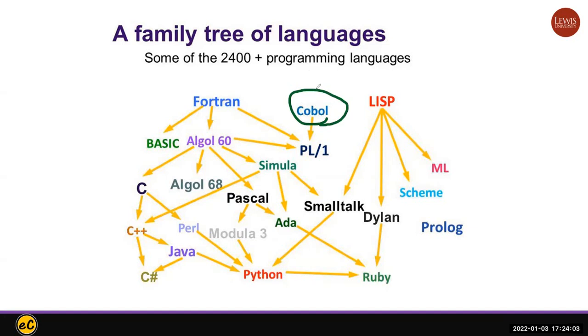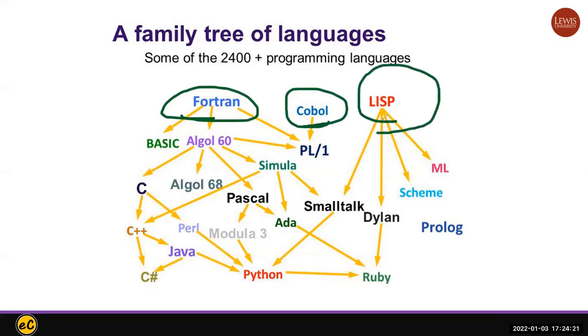That is used for business. And we also have the old AI language called Lisp. So from day one, programming languages have been used in the scientific domain, in the business domain, and in functional programming and the AI domain. This feature later developed into Scheme and then into the Racket language.